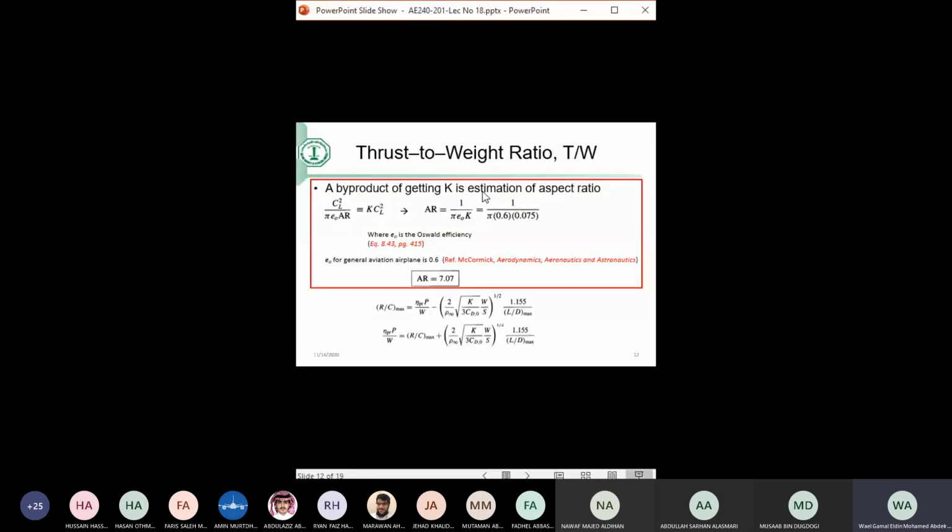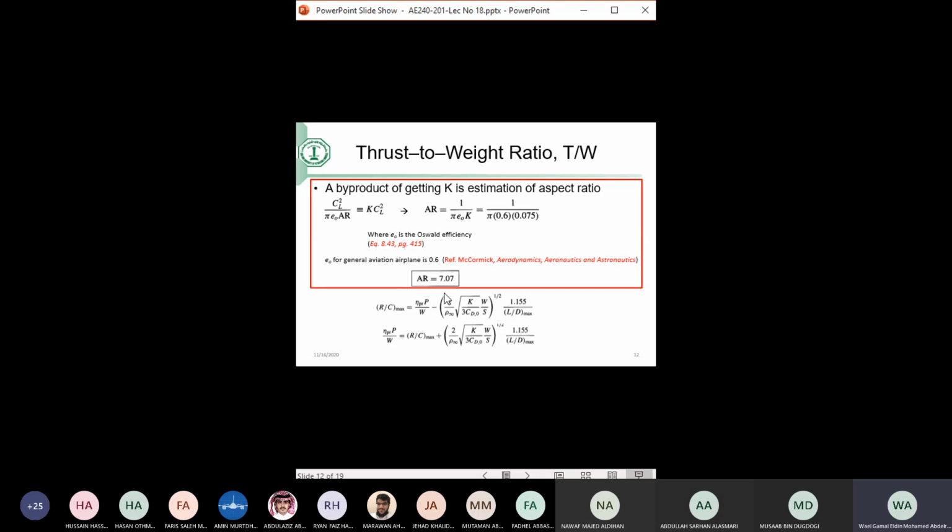So from there, the equation said K equals 1 over pi e naught aspect ratio, where e naught was a factor called the Oswald efficiency factor, which was typically 0.7, as I gave you in one of the homeworks or the quizzes, 0.7, 0.6, depending on the aircraft. So I can use this in order to estimate the aspect ratio to be 7.